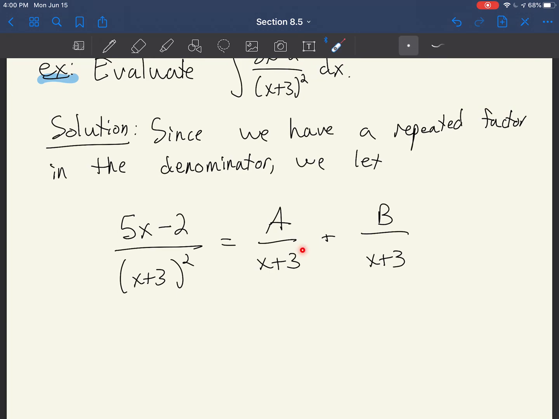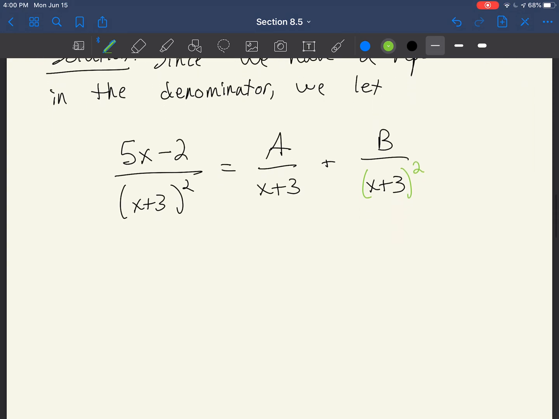This would be wrong, because you could just combine the two, and then you'd only have 1 power of x in the denominator, not 2. So what we do is we square the bottom.